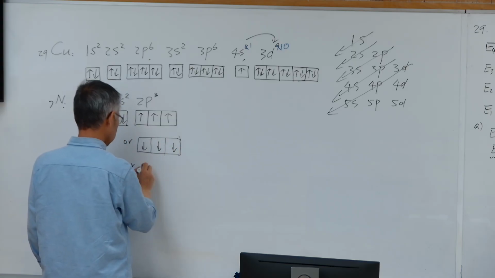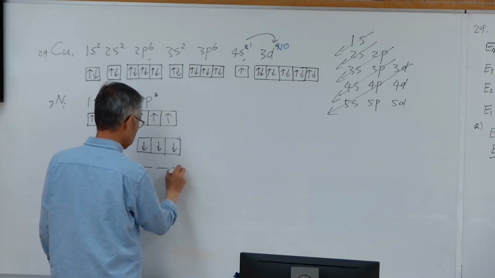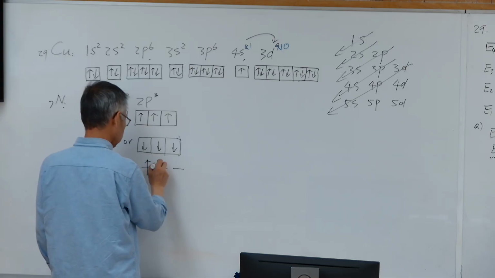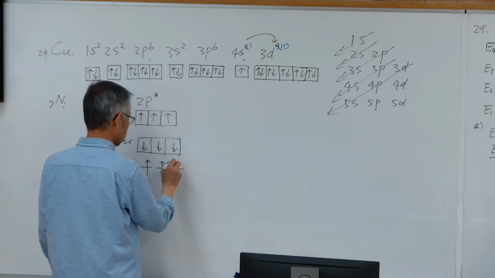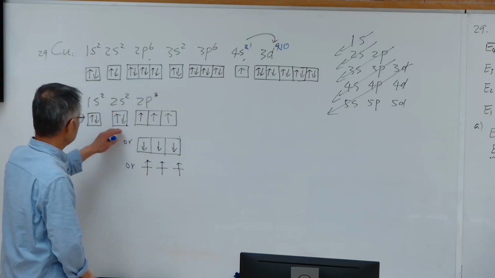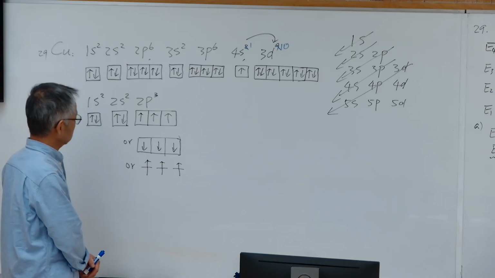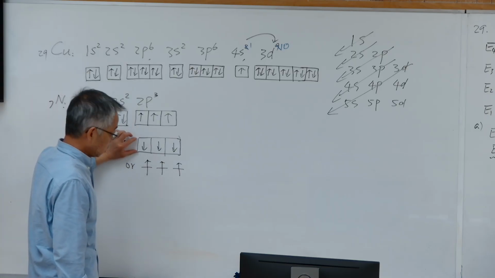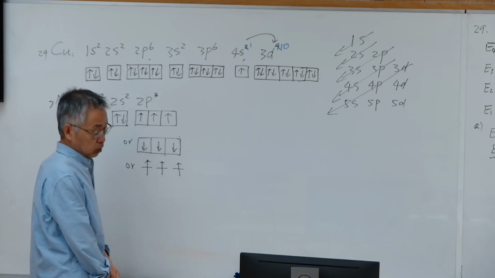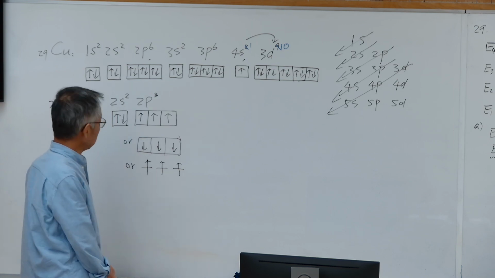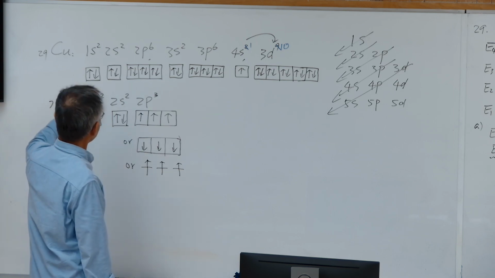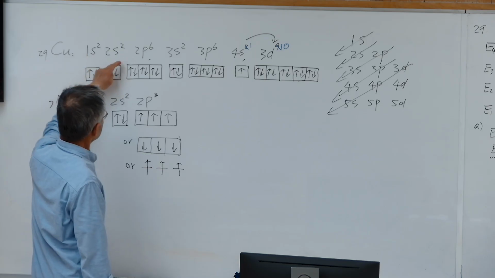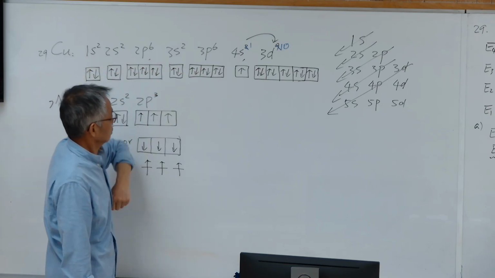Or some books just draw one line instead of a box. Either is fine. These two are the same, right? So you can either use a box that represents one orbital or use a line to represent an orbital. But one thing I need to point out is your orbital diagram must align with the electron configuration.